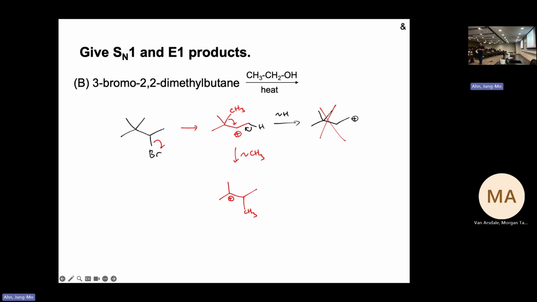That's the reason the carbon shift can happen, because it makes a much better carbocation. So that's a huge incentive for the molecule to do this. That's the major carbocation between these two, and that is going to be the subject of the SN1 and E1 products.